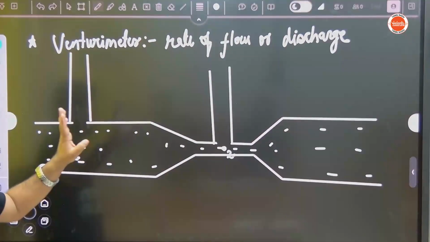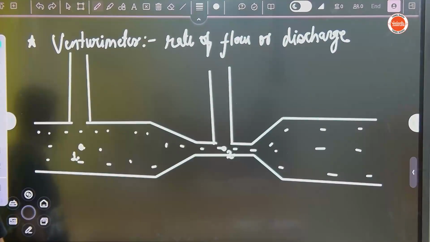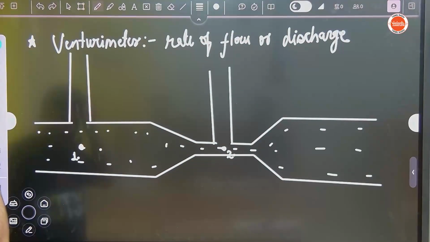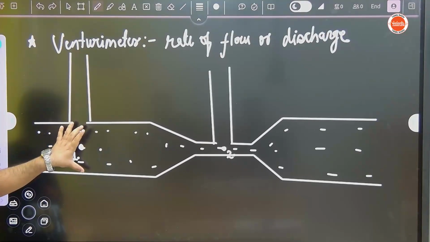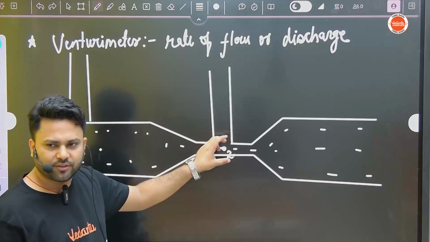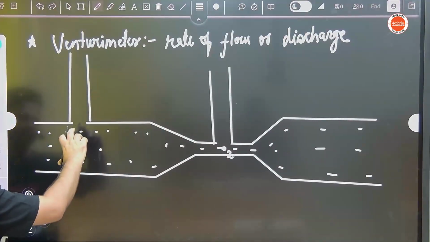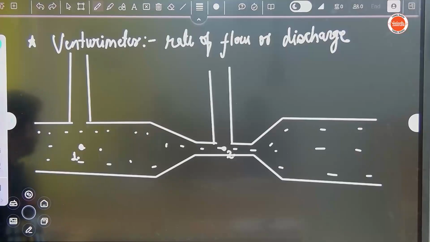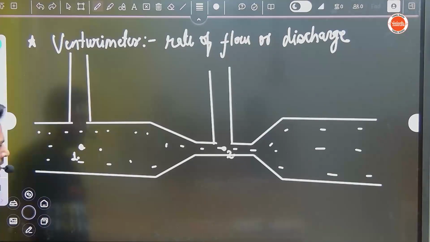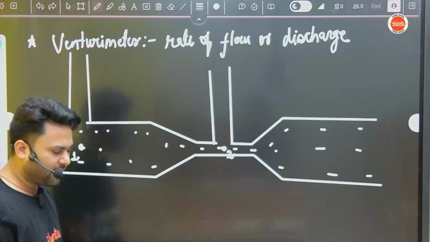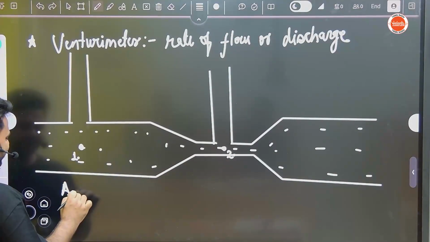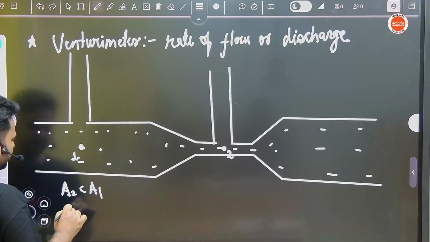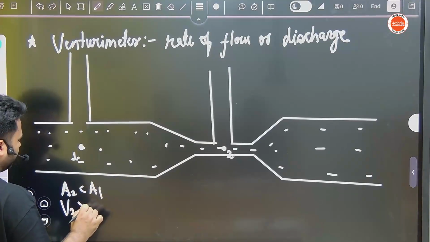Section 1 is broader, section 2 is narrow. So if its area is more, here velocity of the liquid will be less. Here velocity of the liquid will be high. Means area 2 is less than area 1. That's why velocity 2 will be more than velocity 1.